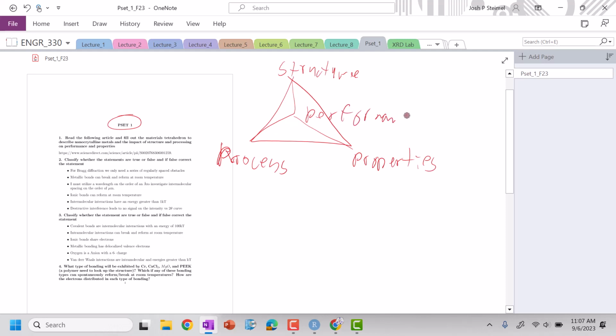In this article, we were talking about nanocrystalline materials. So, we have a process where we take large grains, so millimeter, and we break them down into a nanometer length scale. So this process creates a nanocrystalline structure. And when you have a nanocrystalline structure, you have this thing called the Hall-Petch relationship, which will affect the mechanical properties of your material.